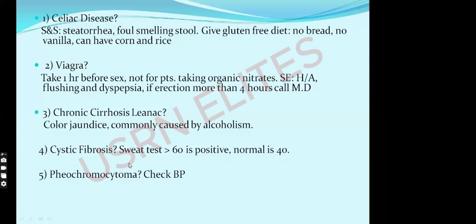So when you hear of cystic fibrosis, just think about thick secretions. Okay. As soon as you hear about cystic fibrosis, think about thick secretions. Also note that it is a disease that has a genetic something to do with it.